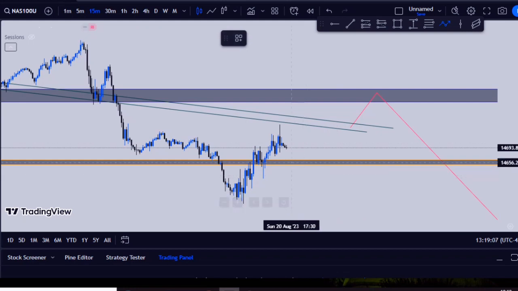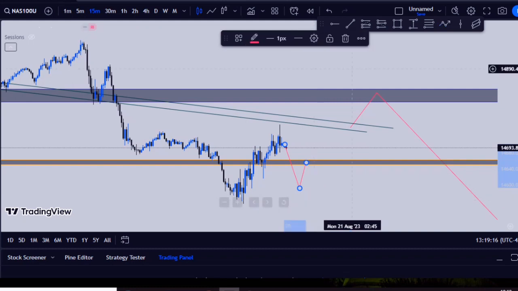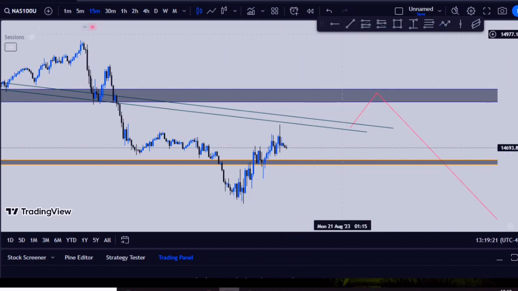And if you want to trade this on Monday, you should be looking out for this during New York session. Either it breaks below here, either it breaks below, just let it come down here on 14,655 for Nasdaq. All right, then you sell off, or wait for it to tap on.